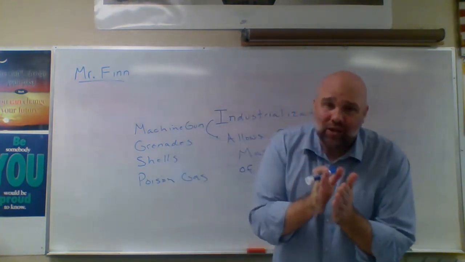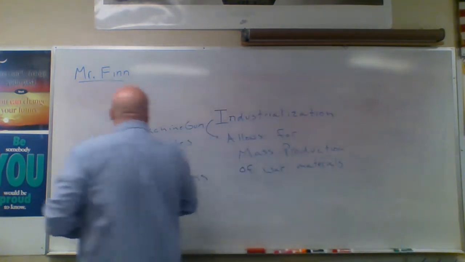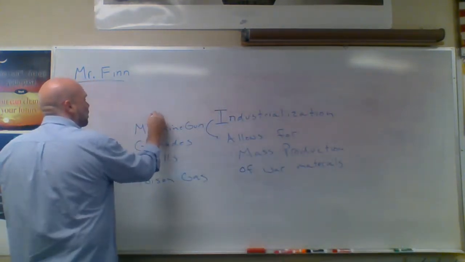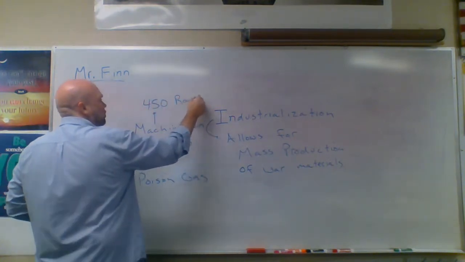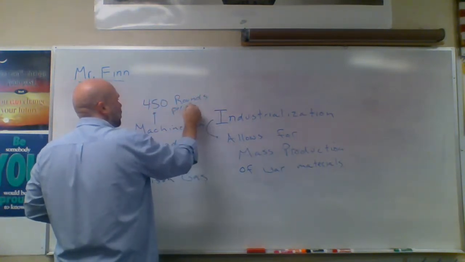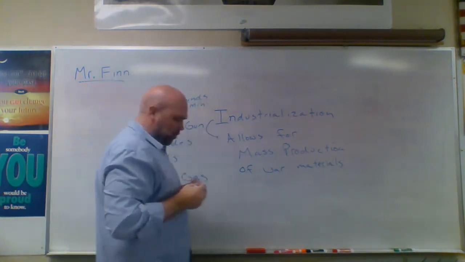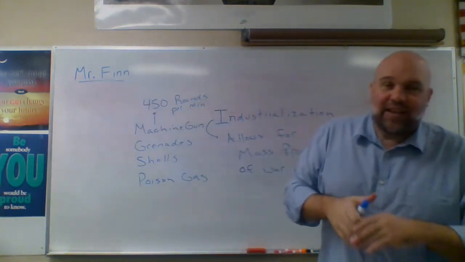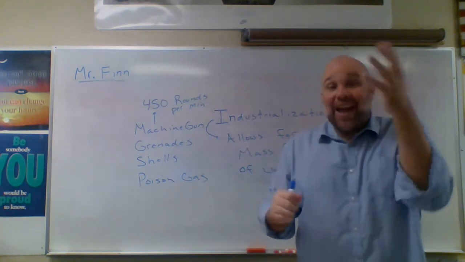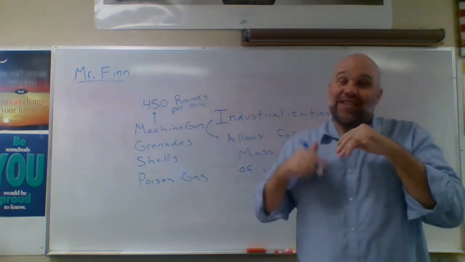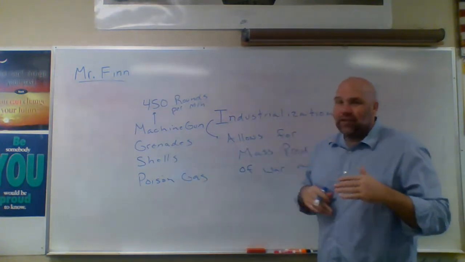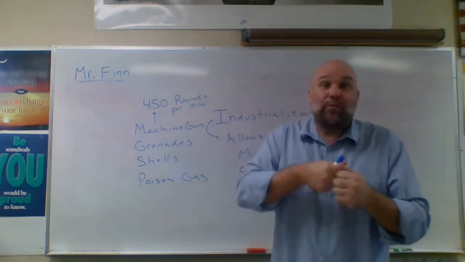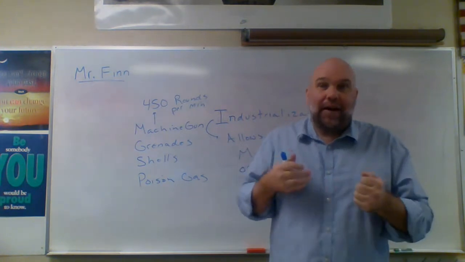And probably the biggest one is going to be the machine gun. Machine gun is going to allow for 450 rounds per minute. Now, let's put this in perspective. This is in 1914. In 1865, which is not that, like 50 some odd years earlier, we are going to see guns start to have repeat action rifling.